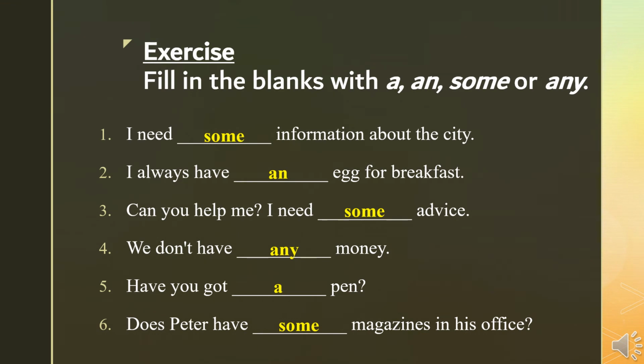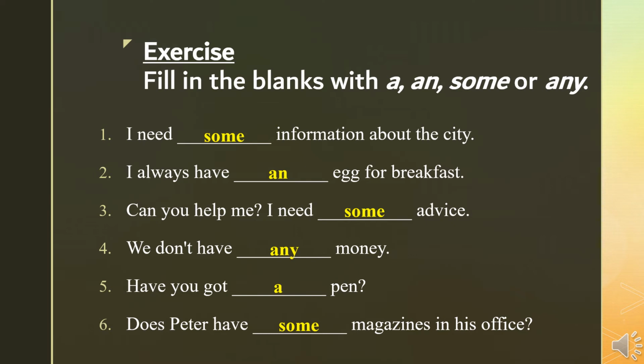Let's do the exercise. Fill in the blanks with a, an, some, or any. First one, I need some information about a city. This is a positive sentence and information is an uncountable noun, so we use some.